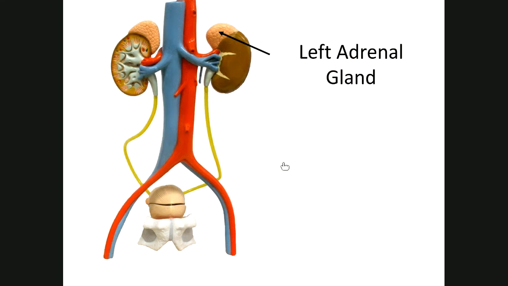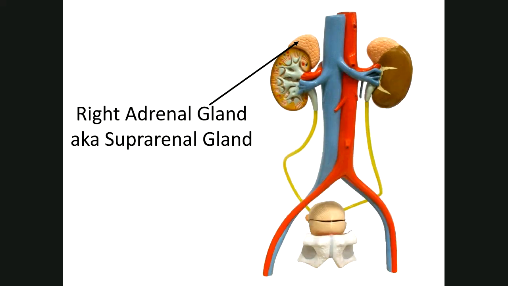Here's the left adrenal gland on page 91. And here it is, the right adrenal gland here, also known as the suprarenal gland. Okay, you can use either or. I would prefer, if I were in your shoes, to just call it the adrenal gland because there's less letters to mess up. Keep it short.